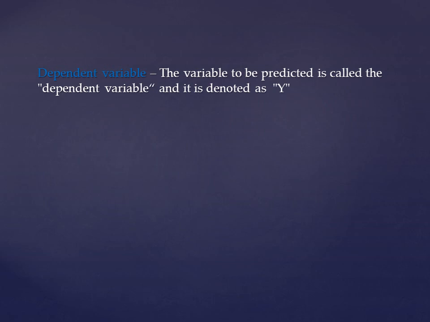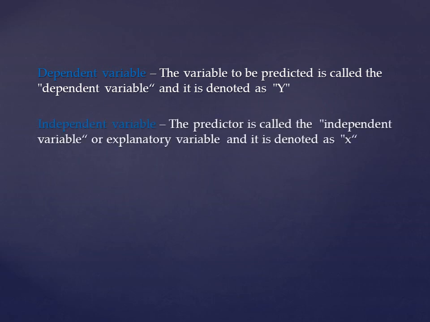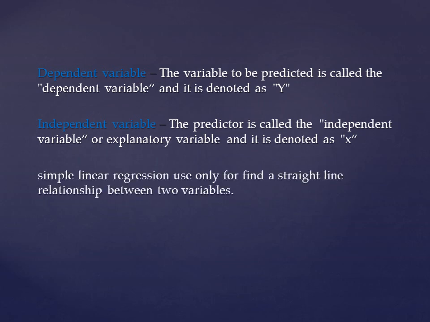A dependent variable. The variable to be predicted is called the dependent variable, and it is denoted as y. Independent variable. The predictor is called the independent variable or explanatory variable, and it is denoted as x.